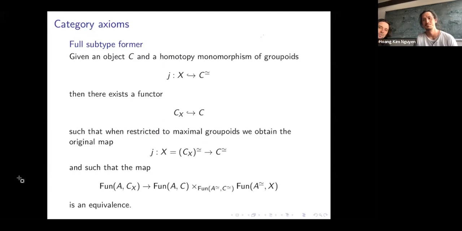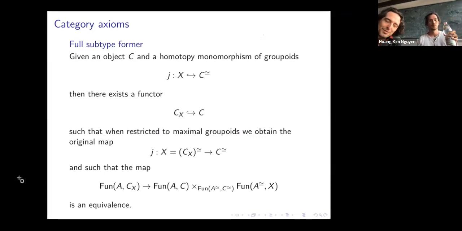And for instance, with that, we can form the essential image of a functor. I'm sorry, I said that a consequence of this axiom is that we can speak of essential images of a functor, of a map. I see. The full and faithful image somehow. Yeah, exactly.